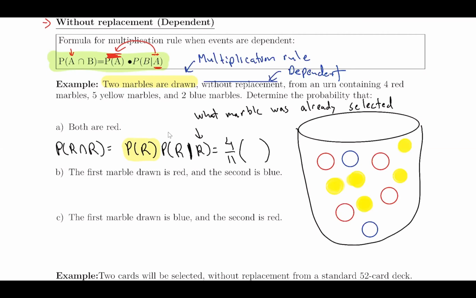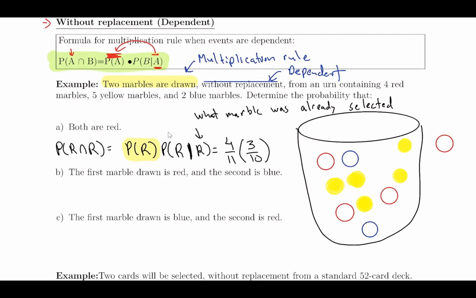So remember, for the second one I already told you the first marble was already red. So if the first marble was already red, what's the probability that the second marble was red? You have to be careful. Once I take one marble out, I have one less marble. So since I have one less marble, you have to do 3 out of 10.